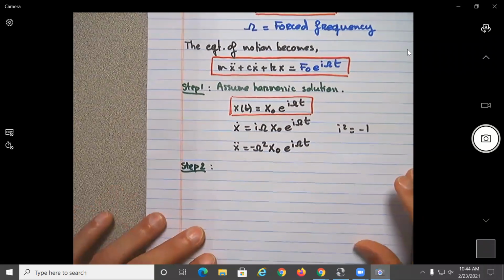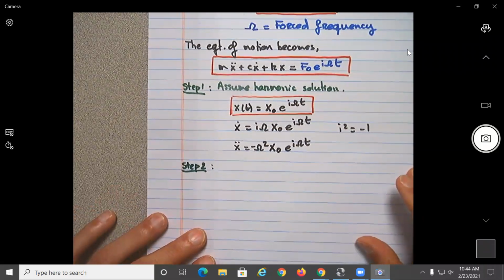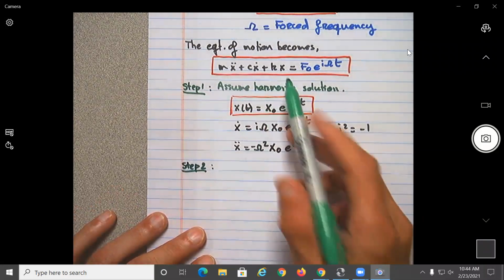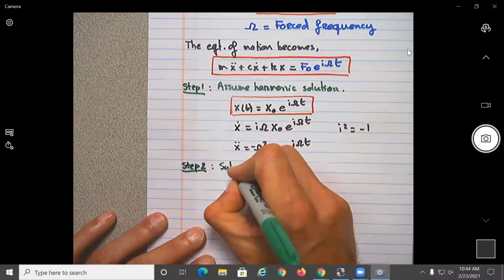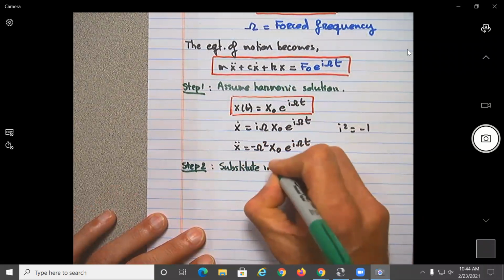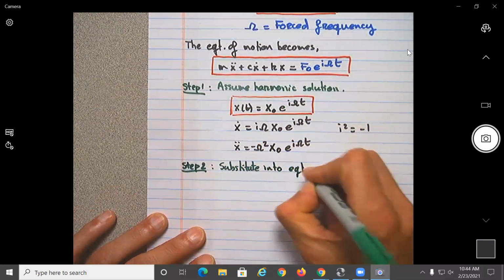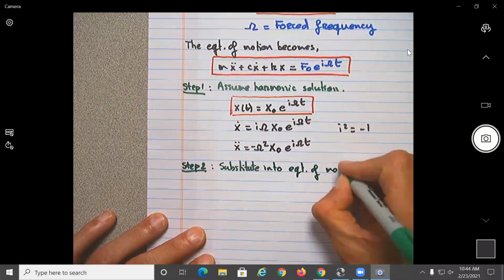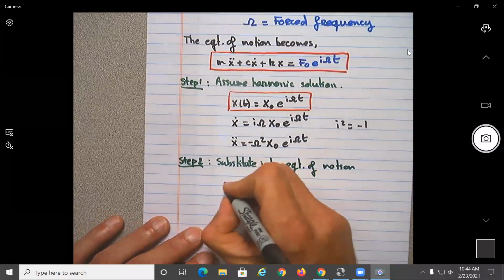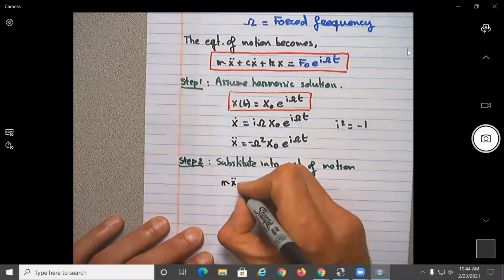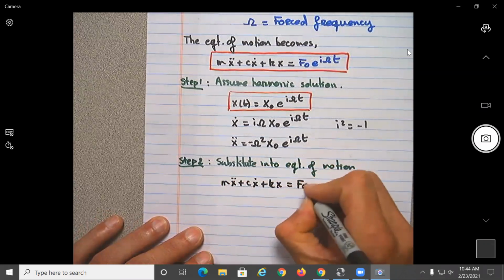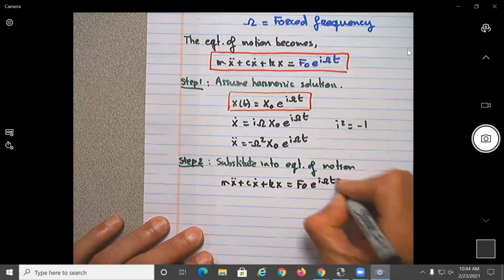So what is step 2? We substitute these into the equation of motion, no? All right, so substitute into equation of motion. This is going to give us, let's write down m x double dot plus c x dot plus kx equal to F sub naught e to the I omega t.